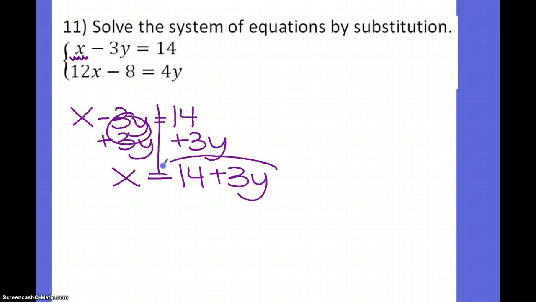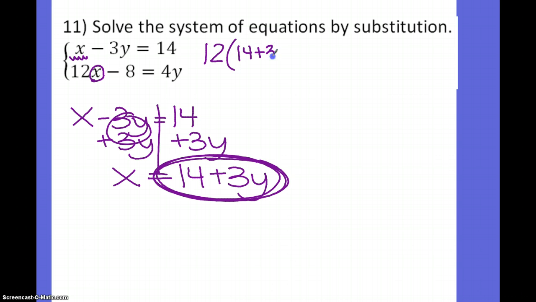We're going to take what x is equal to, and we're going to plug it in for x on the other equation we haven't used yet. So we'll have 12. Going to plug in 14 plus 3y. That's where the x goes. We put all of that in place of x minus 8 equals 4y.